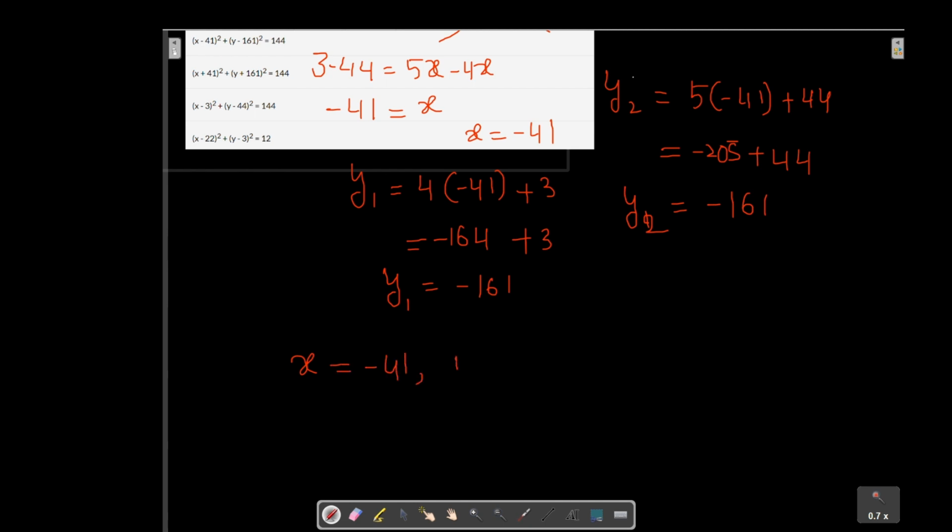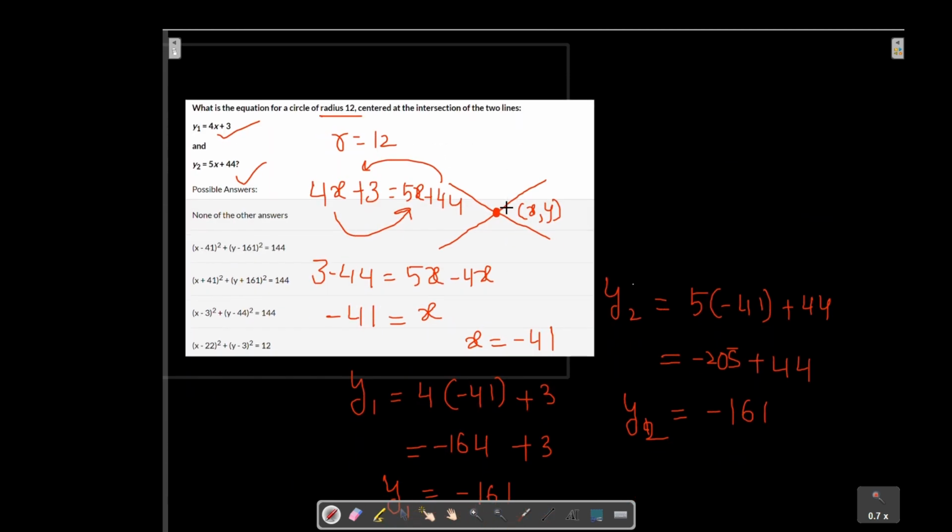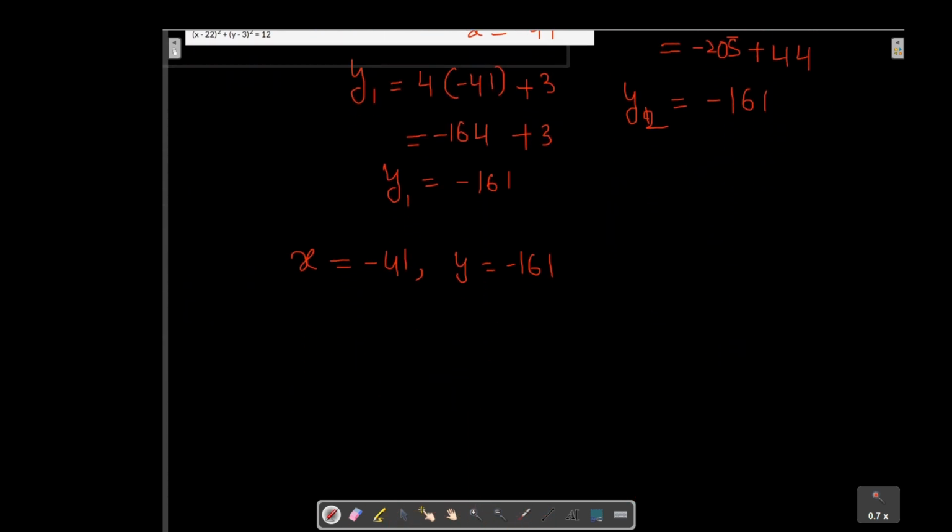They are saying the center is at the intersection of these two lines. We can consider h comma k as the intersection point, which is negative 41 and negative 161.